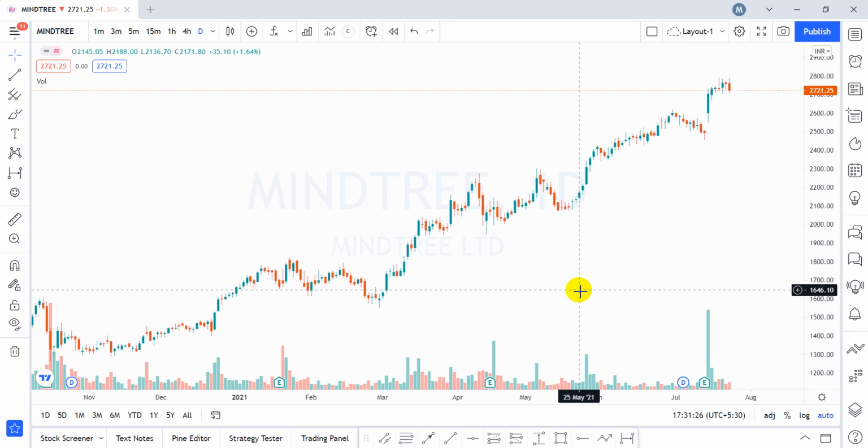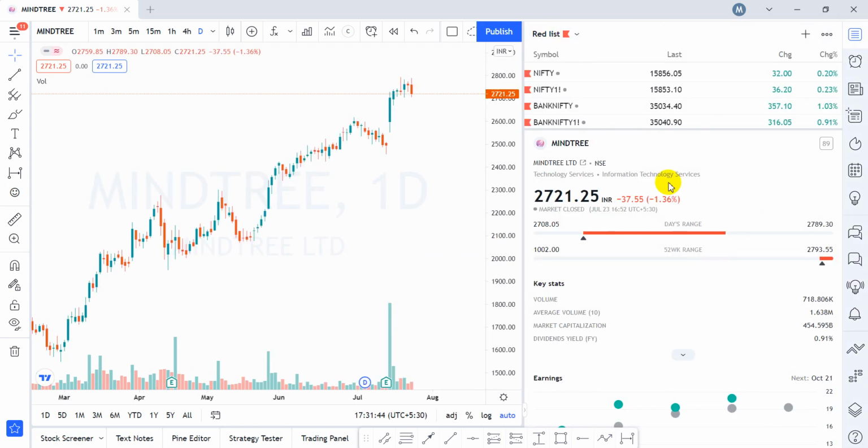What has happened in the last 1 year or so, that also I am going to cover, and then we will identify what were the good opportunities in Mindtree in the past and where we can find good opportunity in the coming days.